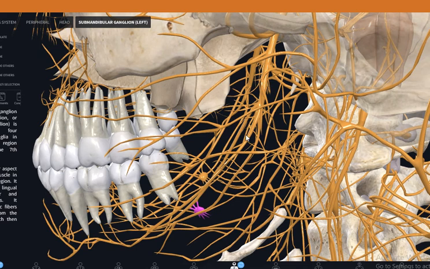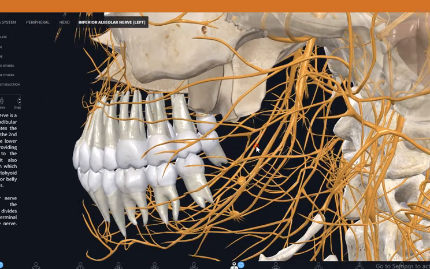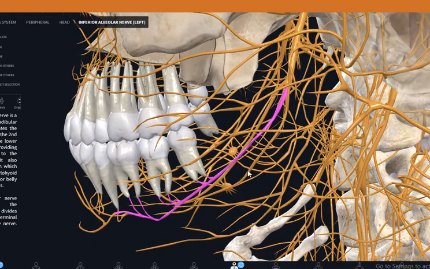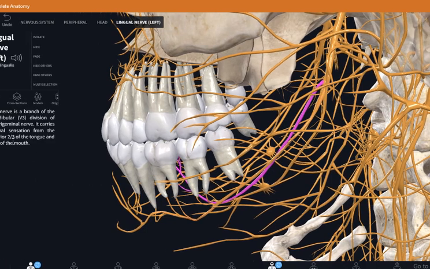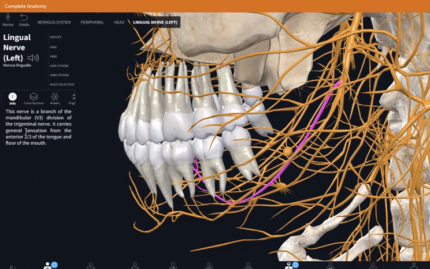As it transports them with the chorda tympani, you can already see these fibers here. This is the inferior alveolar nerve. This particular fiber here is the lingual nerve. The lingual nerve is a branch of the mandibular division of the trigeminal nerve.